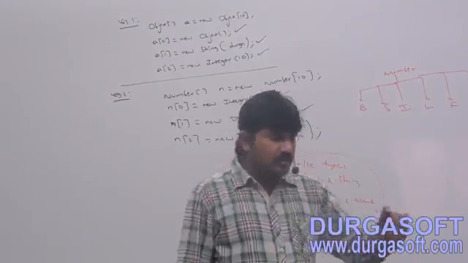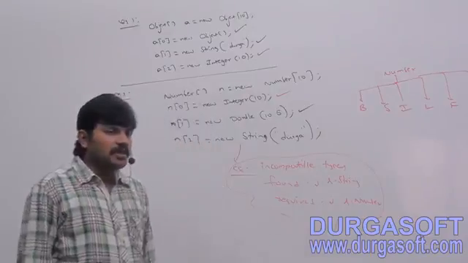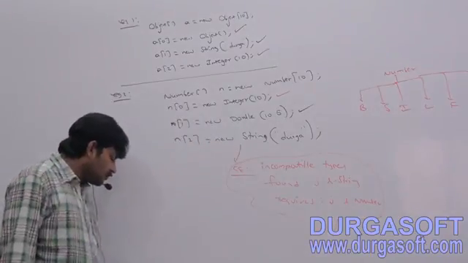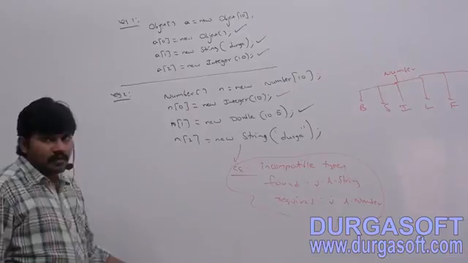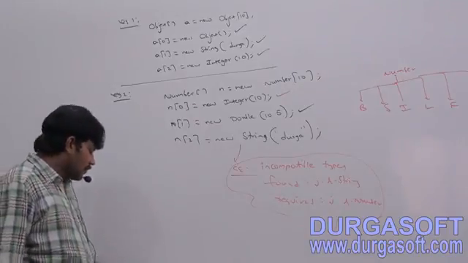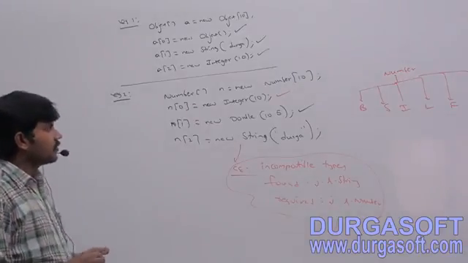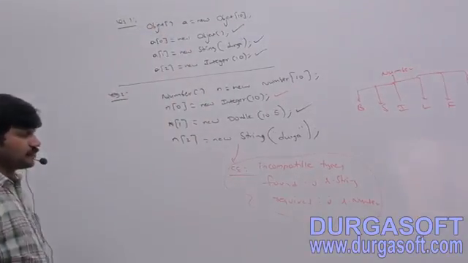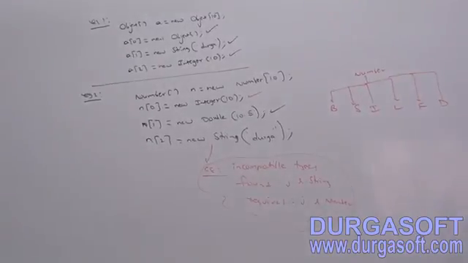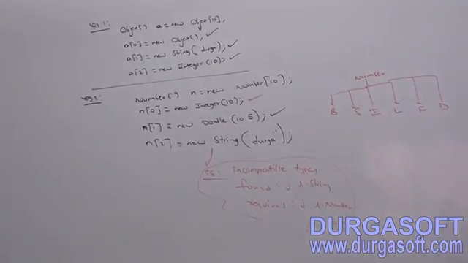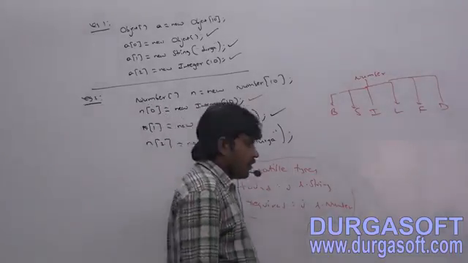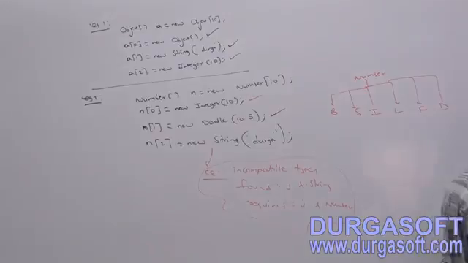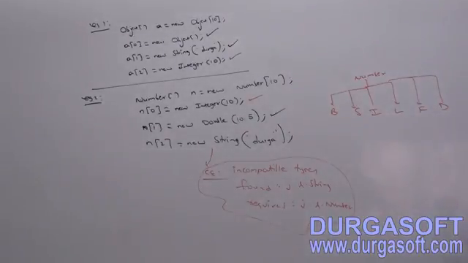Take this example 1, example 2, take both clearly. Either declared type objects or its child class objects we can provide, no problem at all.